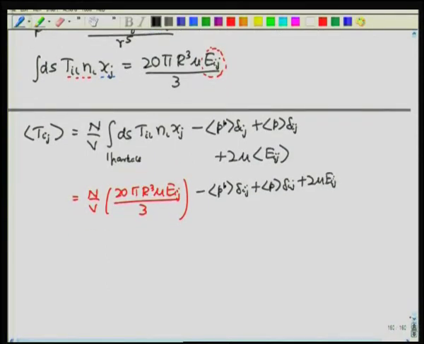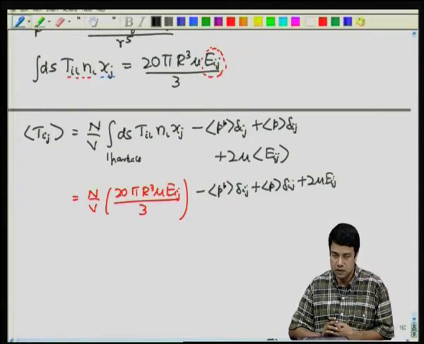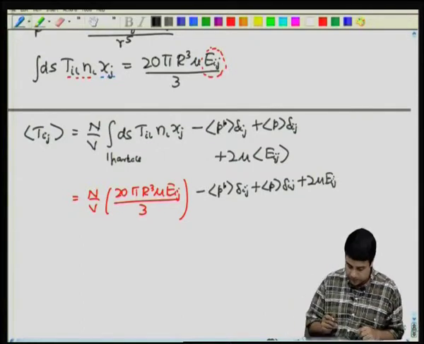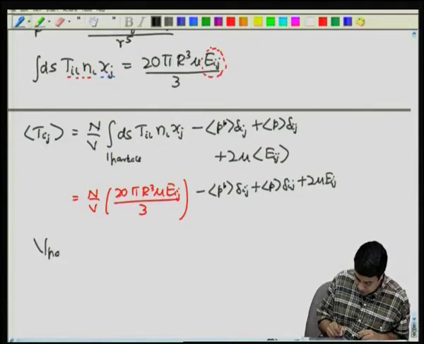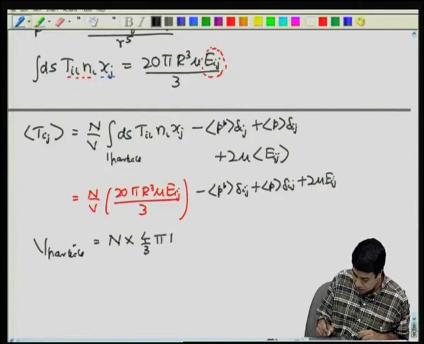N by v, the number per unit volume, is going to be equal to the volume fraction divided by the volume of one particle. Because the total volume of all the particles is equal to the number of particles times the volume of one particle, 4 by 3 pi r cubed.